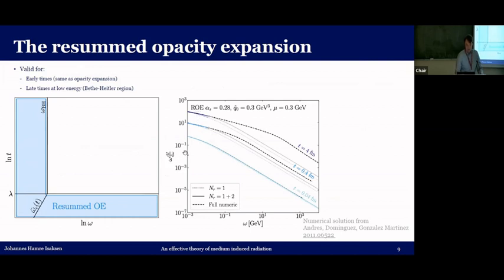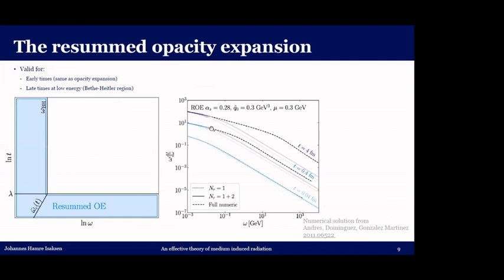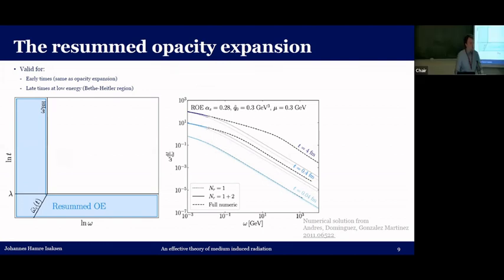And I don't know if you can see it, but here we actually plotted only the first term, and the first and the second term. And you can see that the first term goes away from the numerical solution as you approach omega beta Heitler. But if you include the second term as well, it matches very well all the way up to omega beta Heitler. This points to the fact that if you include more terms in your expansion, it can be systematically improved in that way.